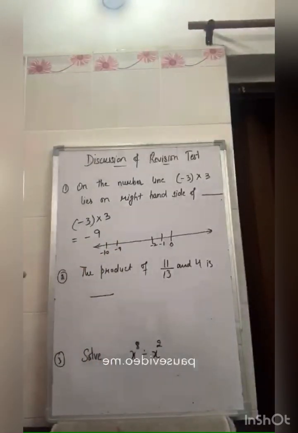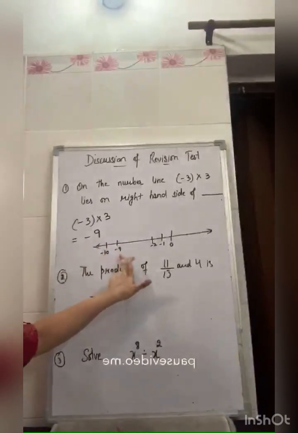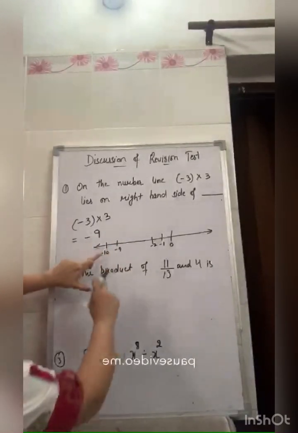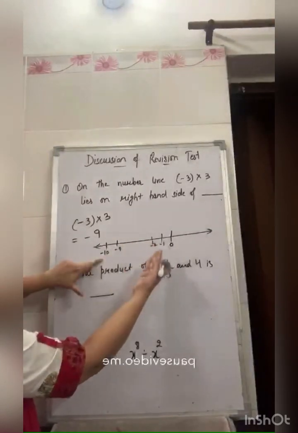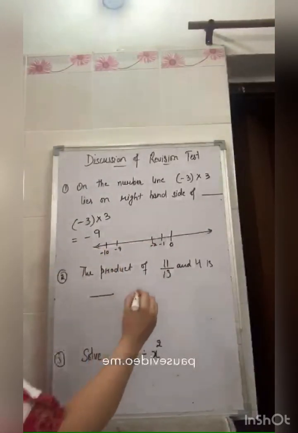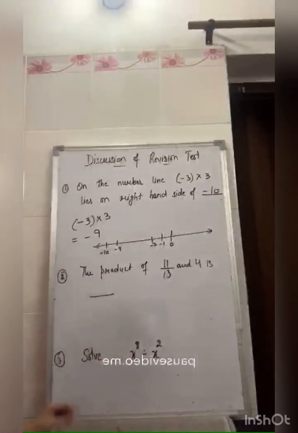Now we can see that -9 lies on the right hand side of -10. -9 is on the right hand side of -10. So our answer is -10.